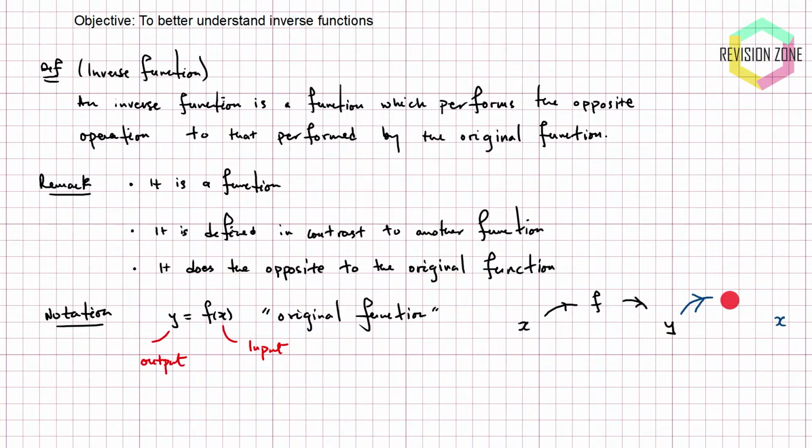Because that inverse function is the inverse of f, it's not surprising that the name is going to be something like f, but I can't just leave it at f, because then we're going to be confused between this f and this inverse function. So what we usually do is put a -1 on top, and that tells us that it's related to f, but it's not quite f, it's the inverse of f. So this is what the inverse function does. The roles of input and output are swapped.